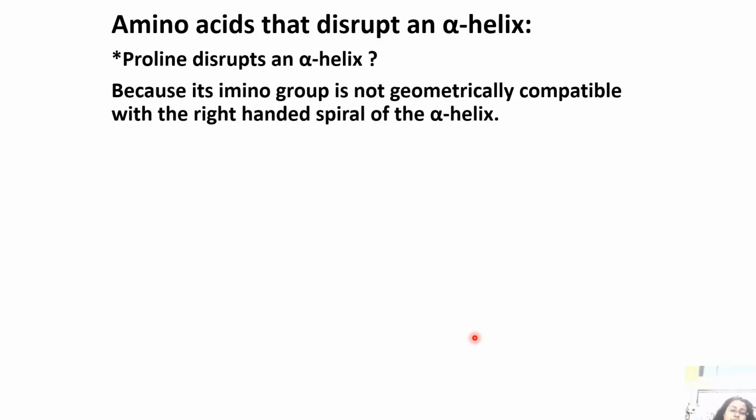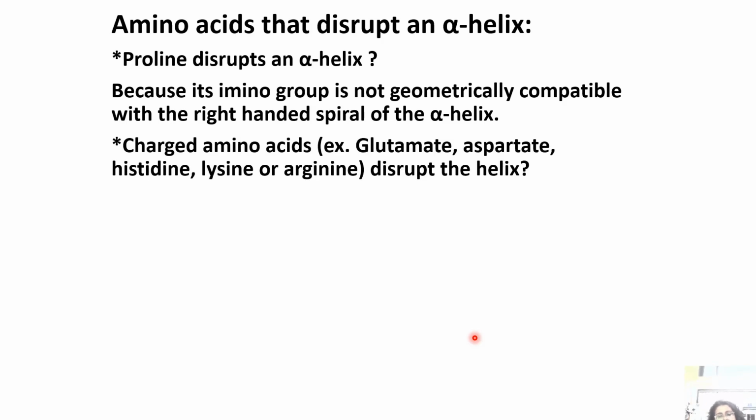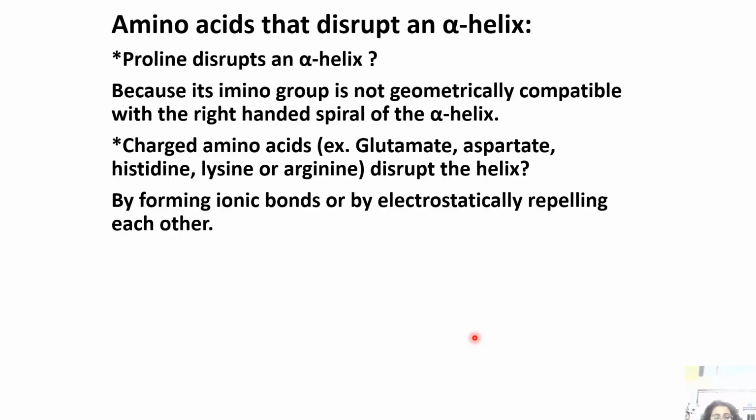Because its amino group is not geometrically compatible with the right-handed spiral of the alpha helix. Charged amino acids, for example glutamate, aspartate, histidine, lysine, and arginine, disrupt the helix by forming ionic bonds or by electrostatically repelling each other.